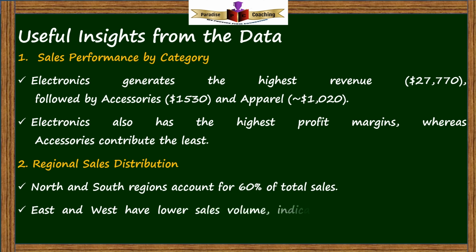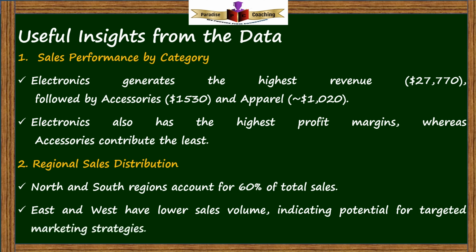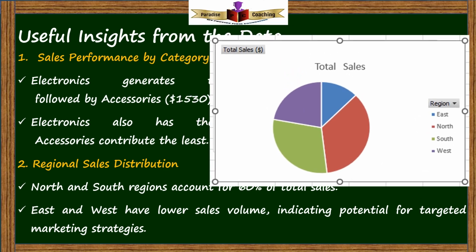East and West have lower sales volume, indicating potential for targeted marketing strategies. Here is the pie chart indicating region-wise sales.